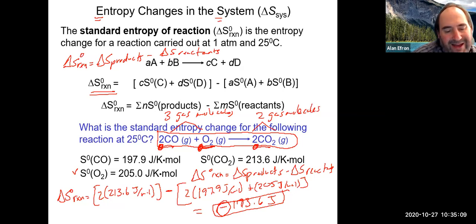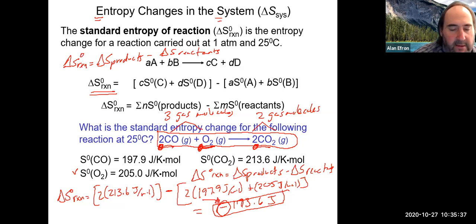By just looking at the actual reaction, we see that we're going from 3 gas molecules flying around crazy to only 2 gas molecules flying around. So we are decreasing the amount of gas molecules, and thus we are creating more order. There's not so much crazy gas flying around, there's less of it, which creates a more ordered situation. So we actually could have predicted this negative sign.